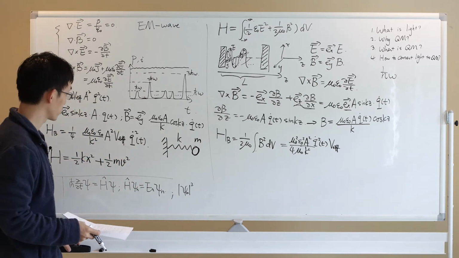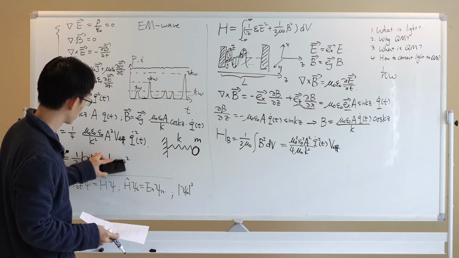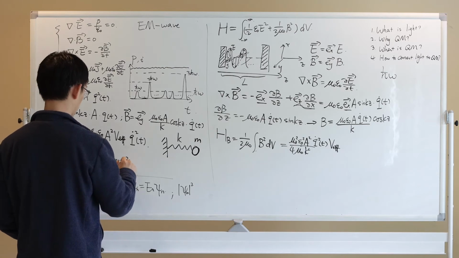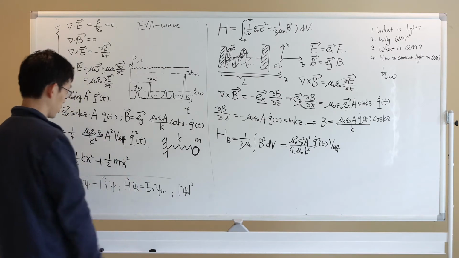The speed is just the time derivative of position. So you have x dot here.